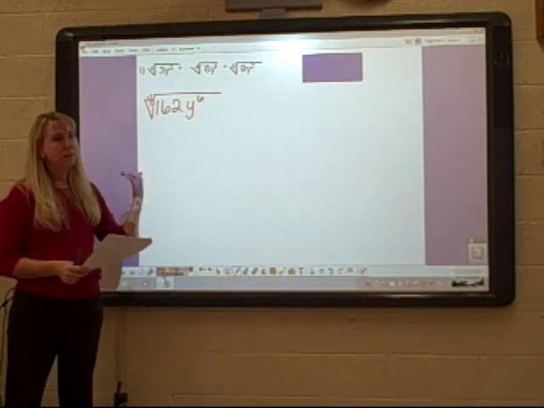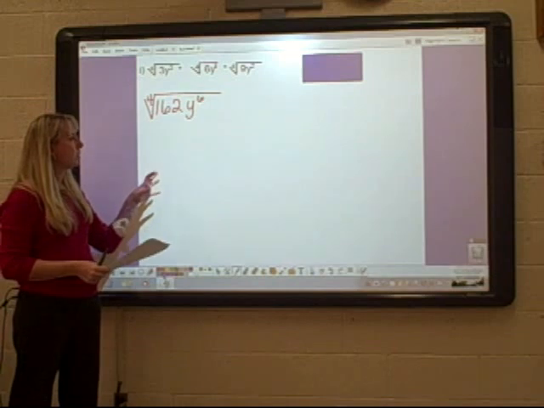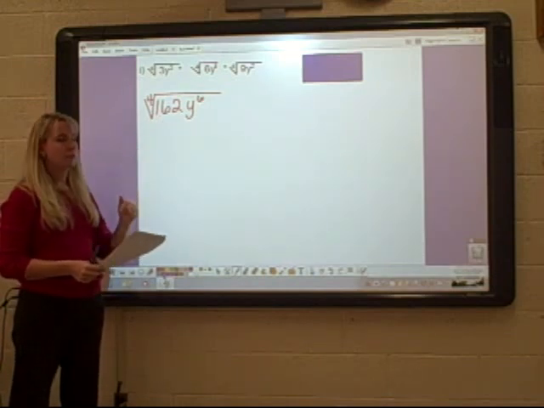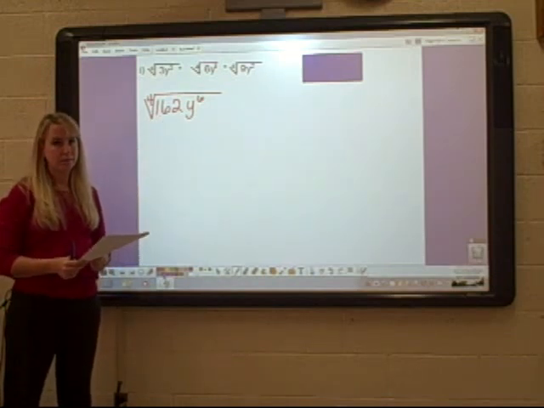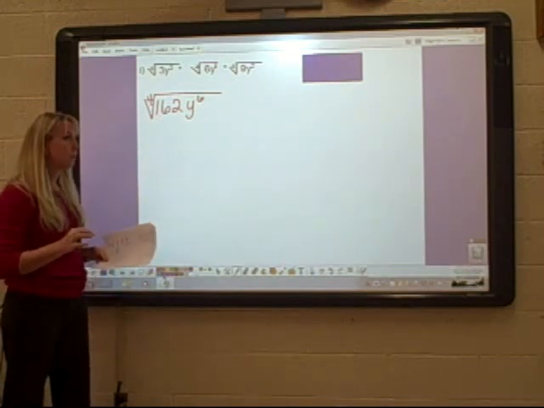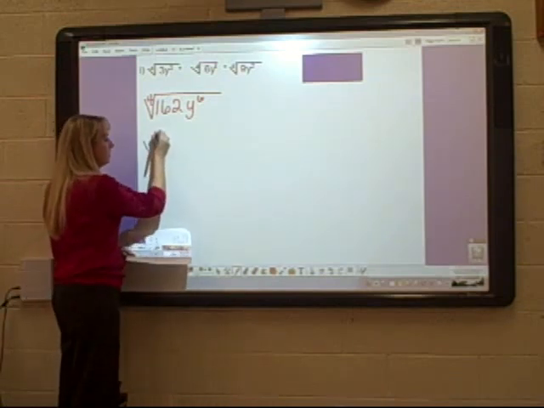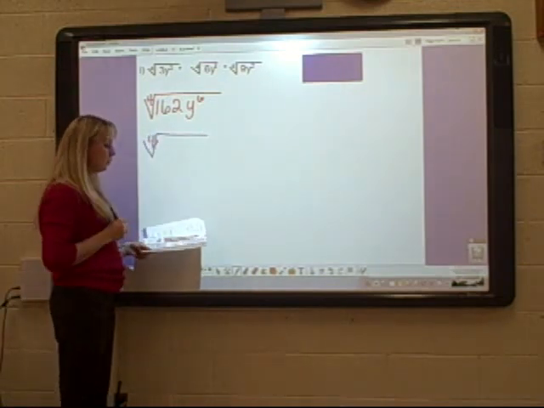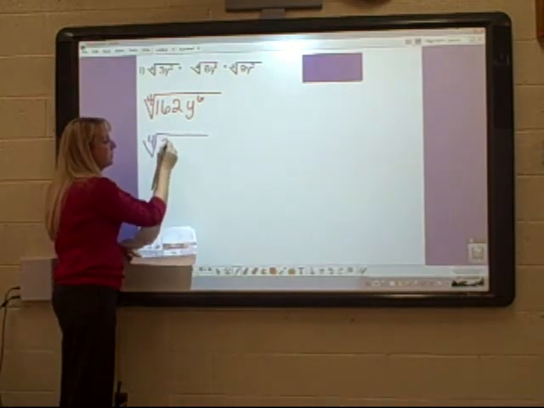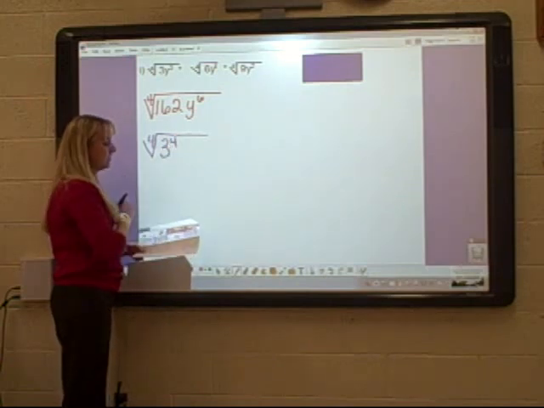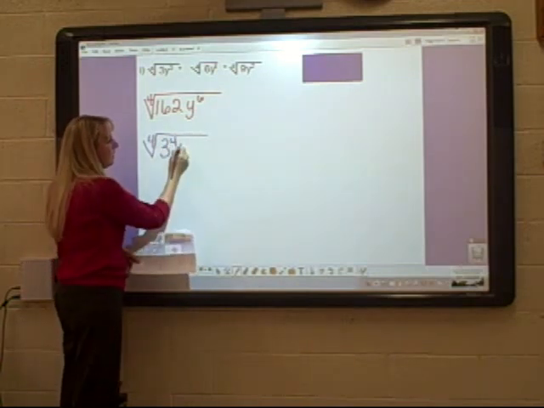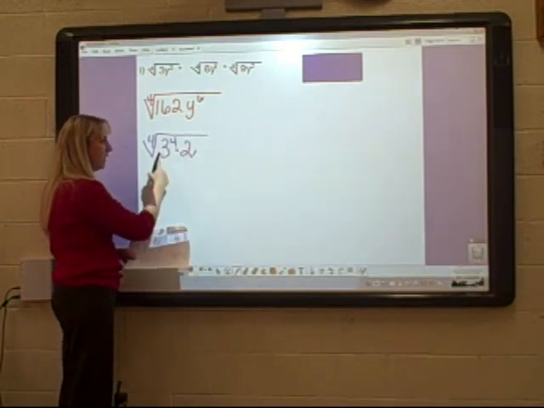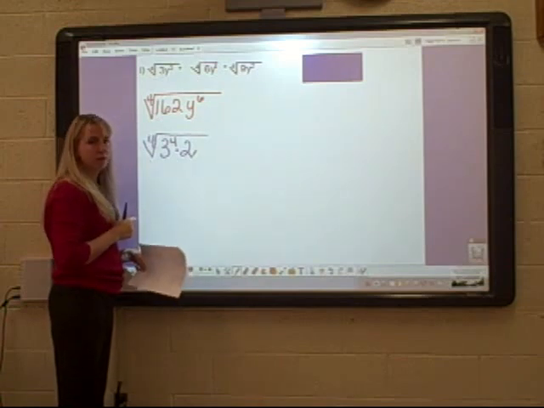Trying to get those numbers, that biggest number you can, times something else that gets us up to the 162. So once again, a lot of trial and error in your calculators. Well, 162 can be written as 3 to the 4th, which is 81, and then times 2. Well, 81 times 2 is 162.